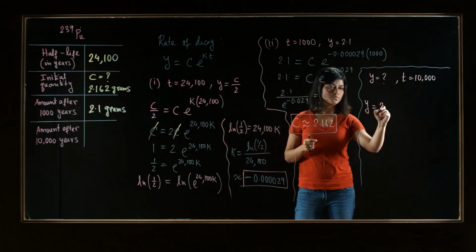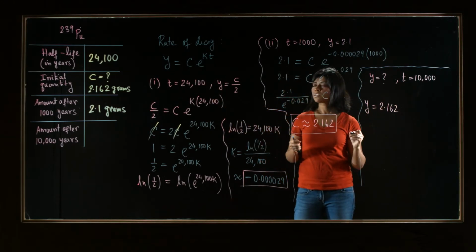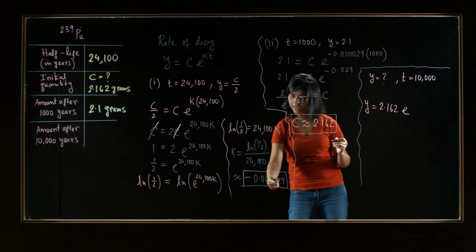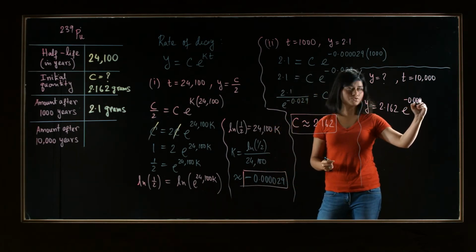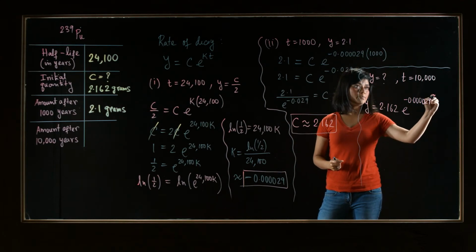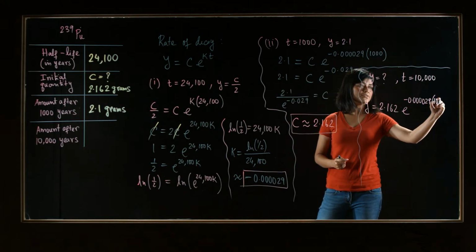So take our equation and plug in. c is 2.162, and e to the power k, which is negative 0.000029, multiplied by 10,000.